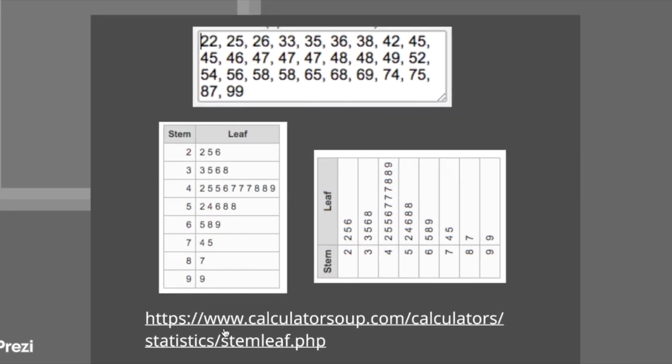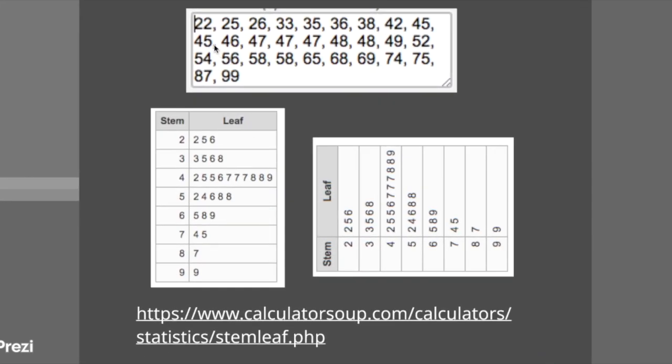So here's an example. Given the list of numbers here, they're arranged from lowest to highest for convenience. We can take those numbers and decide, well, the lowest is in the 20s, the highest is in the 90s. So our stems, or our main categories of the data, could be the 20s, 30s, 40s, 50s, 60s, 70s, 80s, and 90s.